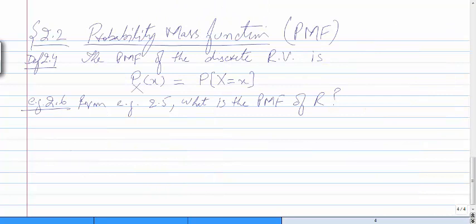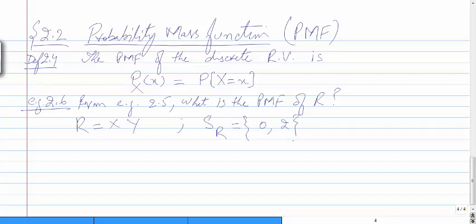Now if you remember, R has a range that includes two variables. R is equal to X times Y, and the range of R from that example was 0 and 2.